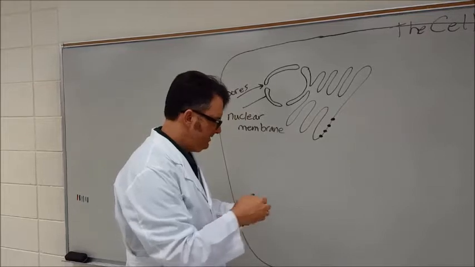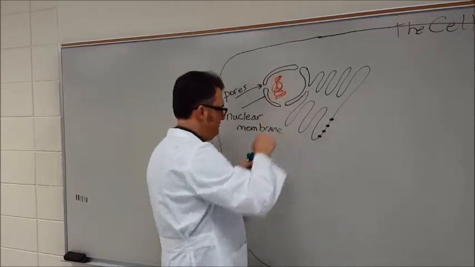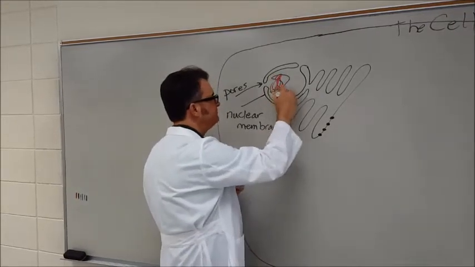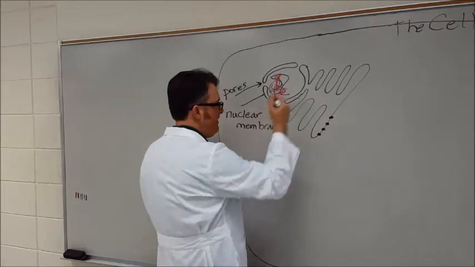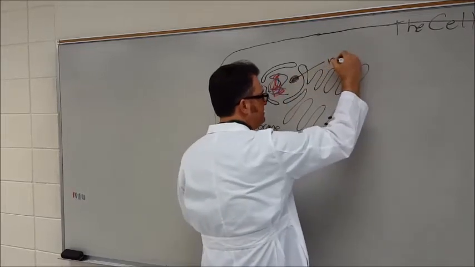In the nucleus is the genetic material. We'll make some red and some blue here. And we will also make a little round nucleolus.